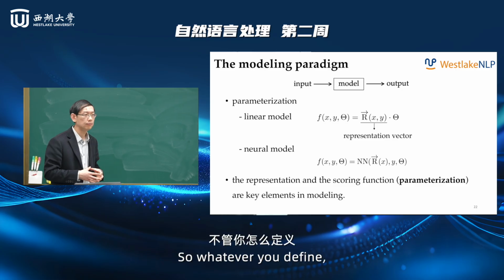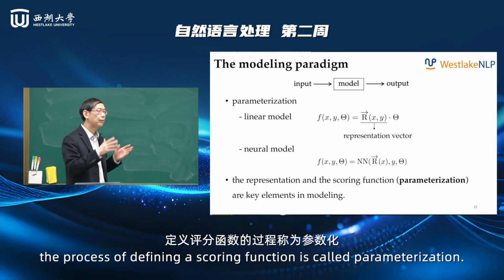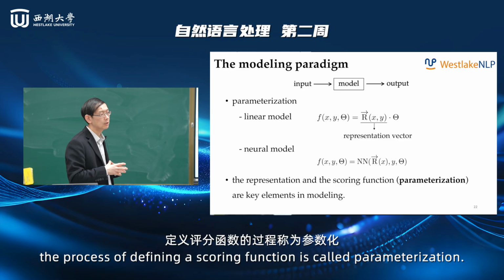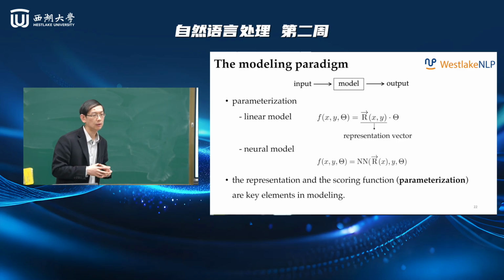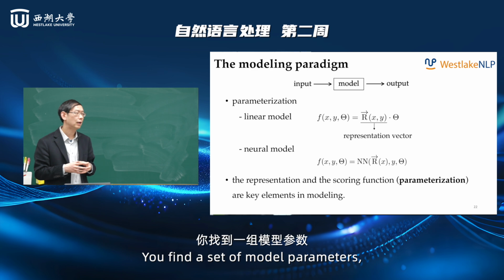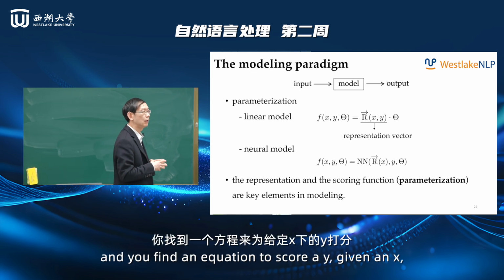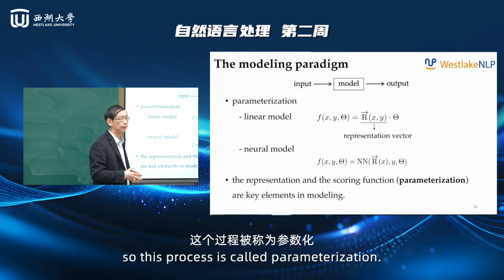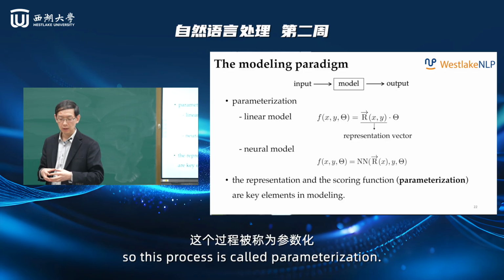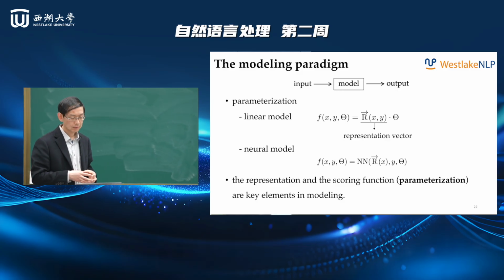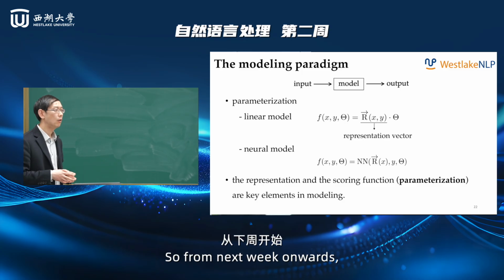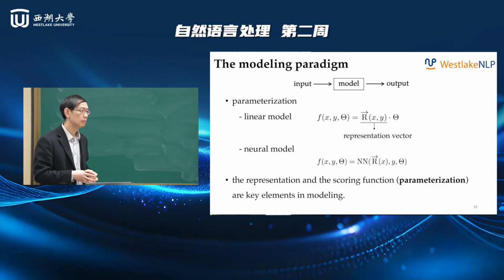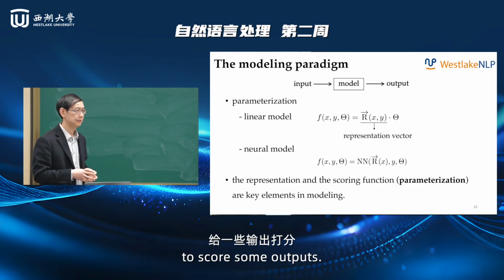Whatever you define, the process of defining a scoring function is called parameterization. You find a set of model parameters and you find an equation to score a y given an x. This process is called parameterization. From next week onwards, we will gradually learn different ways to parameterize a model to score some outputs.